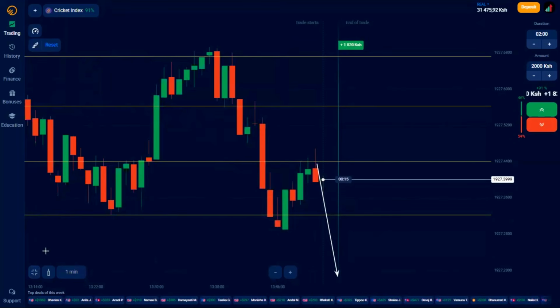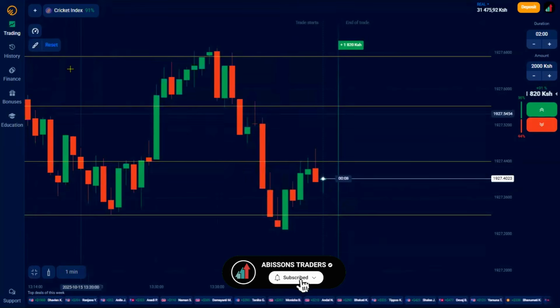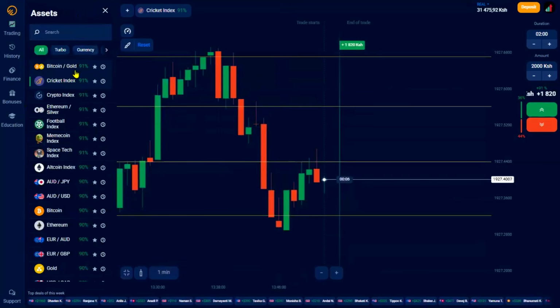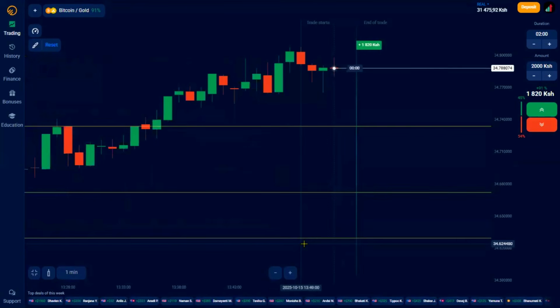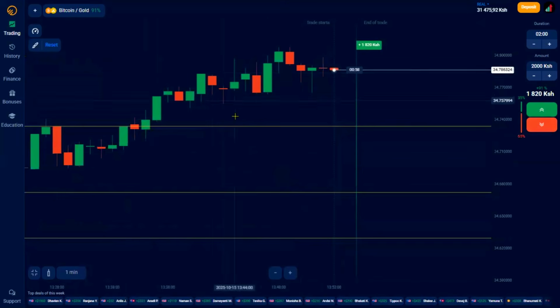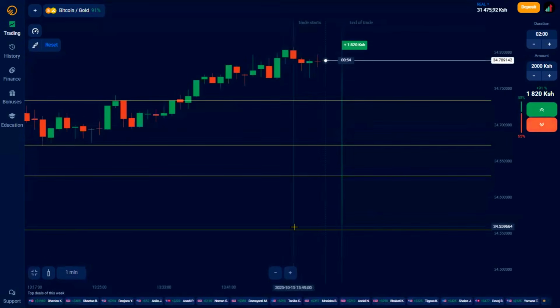All right, yeah. So that's how you get your entries using price action, and using the market structure to get your entries. So you can see this one failed to retest. So this one, we cannot use it.